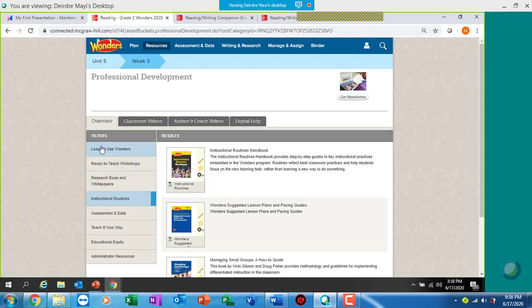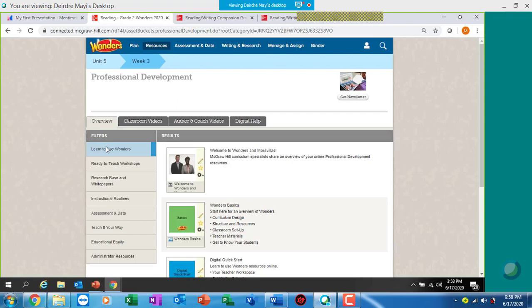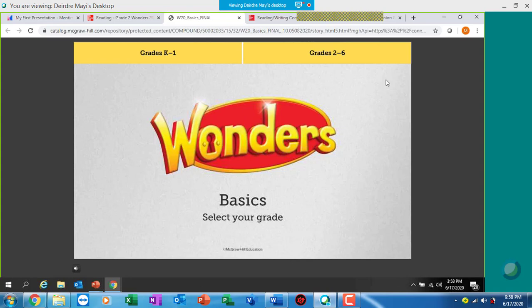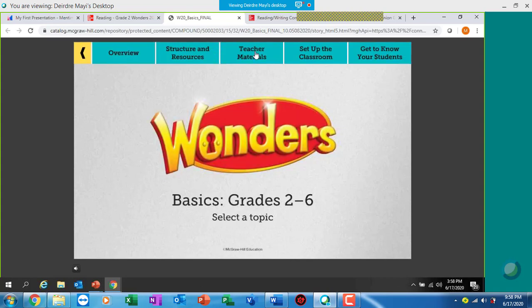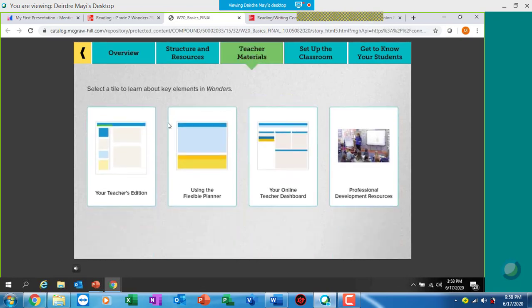The very first one, learn to use Wonders. Select that. Where you see this green box, this is where you can learn more about Wonders basics. Choose your grade band, and then you choose the portion that you're most interested in, and then you'll be able to choose.